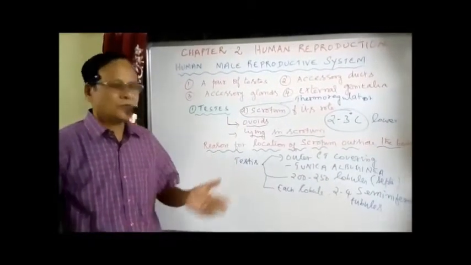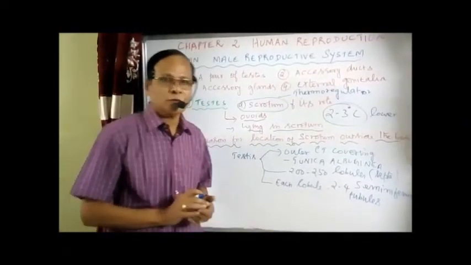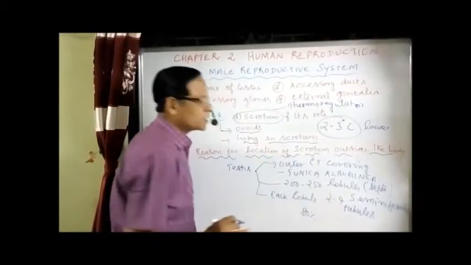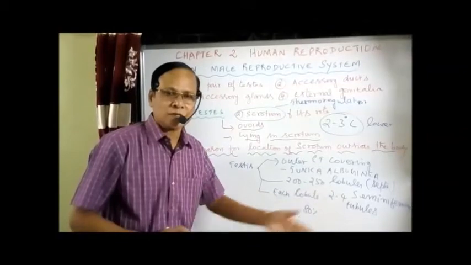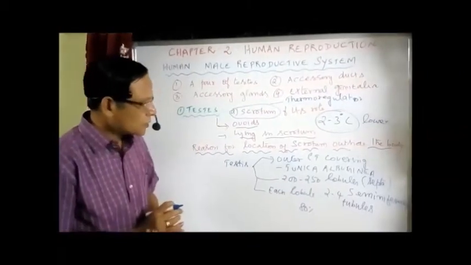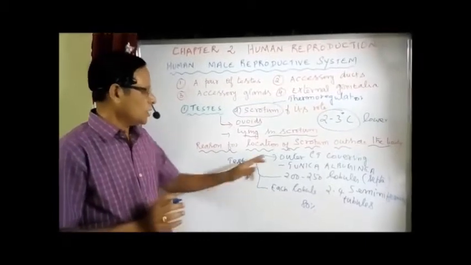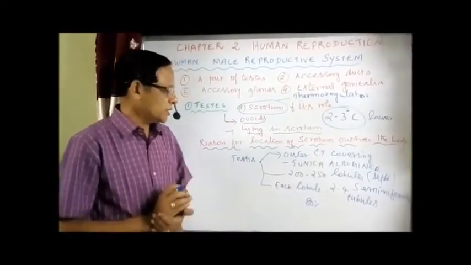Normally the seminiferous tubules form about 80% of the testicular substance, which is concerned with the production of sperm. So the outer connective tissue covering is called the tunica albuginea.